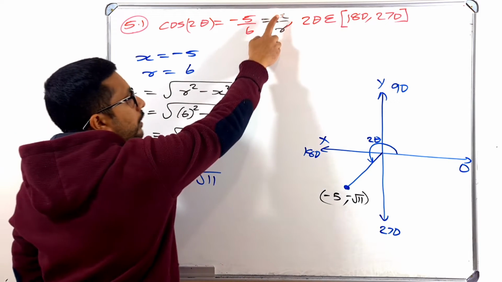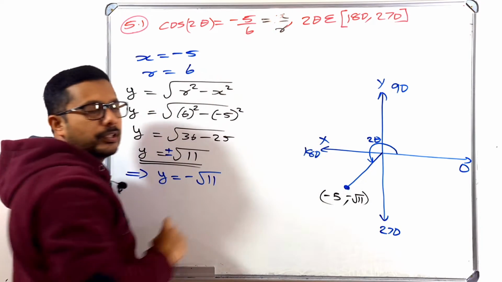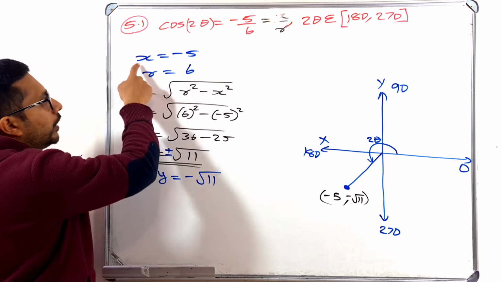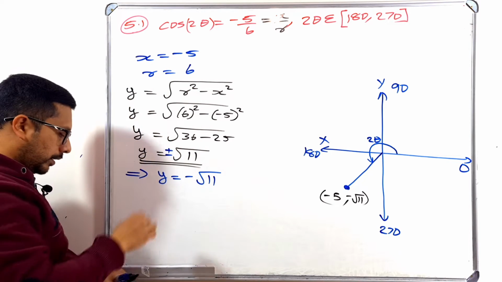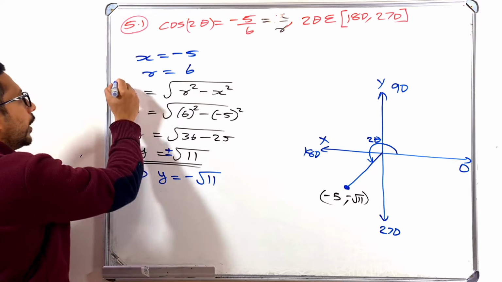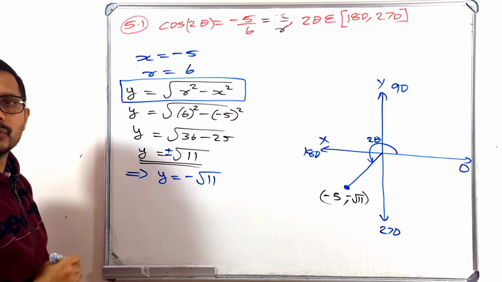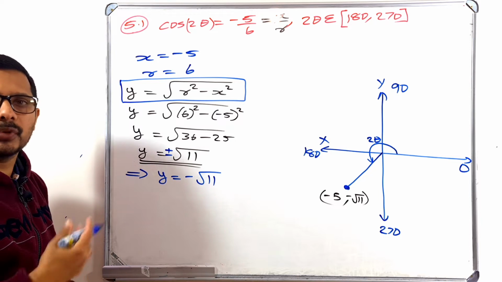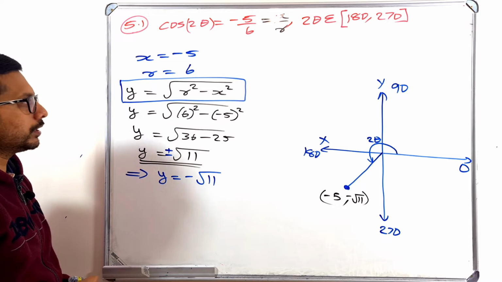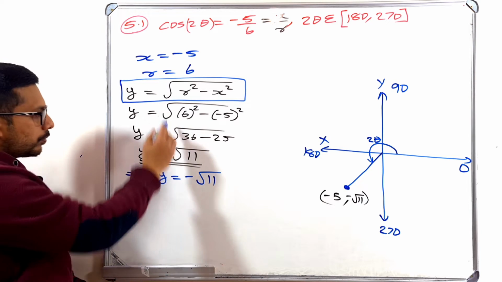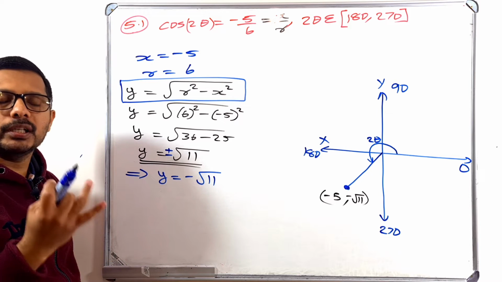We represented the adjacent side with x and the hypotenuse with r. So x is equal to minus 5, r is equal to 6. Then using the formula, you have to know by heart how to find y, how to find x, how to find r. That I already wrote. You have to revise that. Then we substitute and we get the y value. So now we have all the values x, y and r.